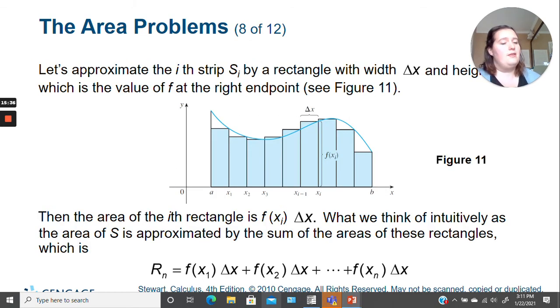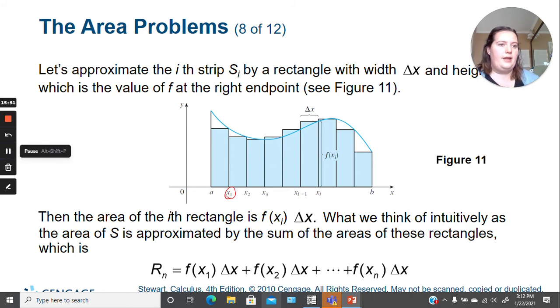And then once we get that, we can get a really good approximation. For my right-hand endpoint, or my right-hand approximation, you're going to be starting with x1. And then your next right-hand endpoint will be x2. Your next one's x3. You're going to keep going until the right-hand of the very last interval, and that right-hand side is b.